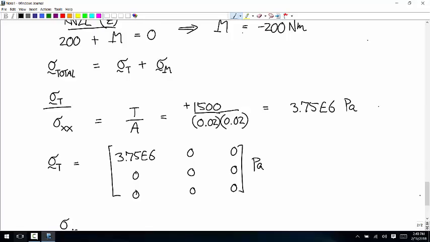So for the bending moment, we're going to get a positive XX stress on one side and a negative XX stress on the other. This is going to make the absolute value of the stress bigger for one of those and smaller for the other.